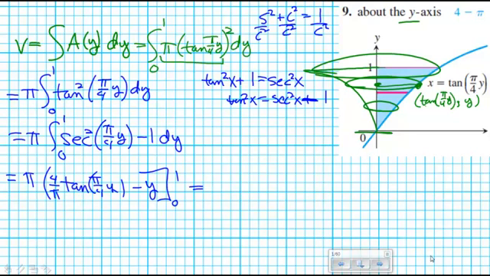Now, if I evaluate this from 0 to 1, when I put 1 in here, I get tangent of pi over 4, which is 1. 1 times 4 over pi is 4 over pi. And then over here I get a minus 1.